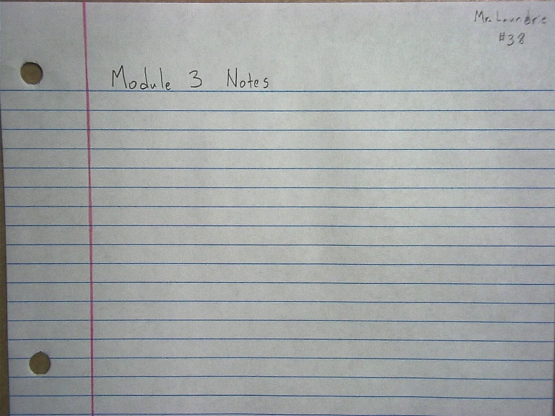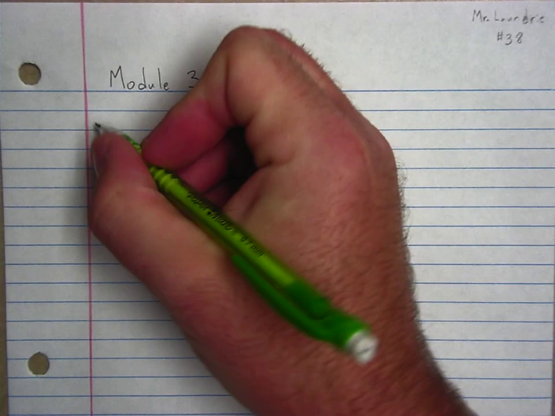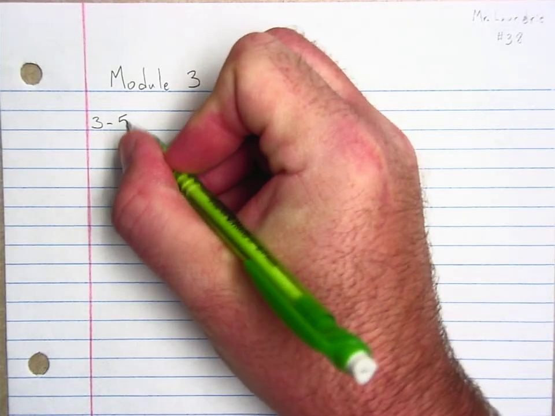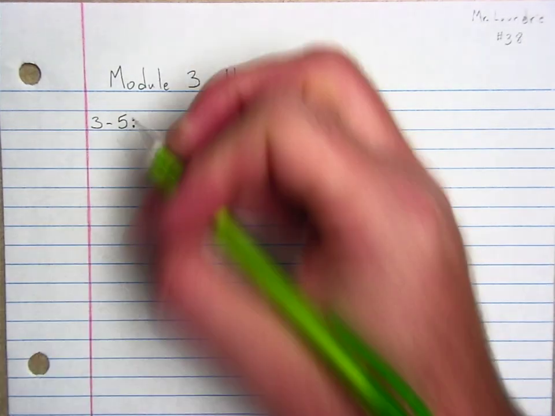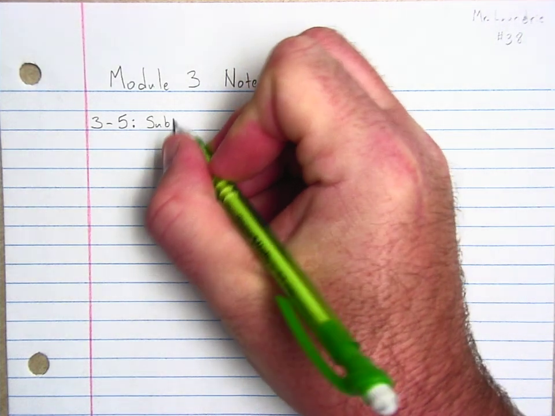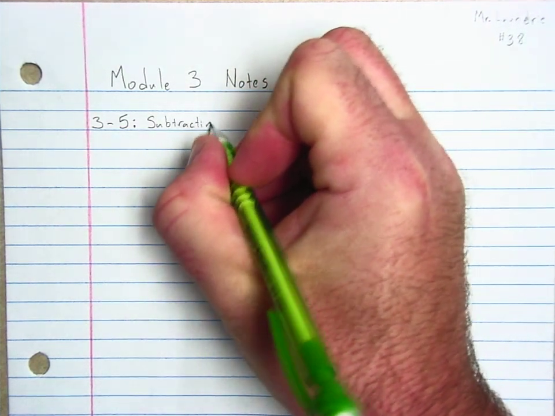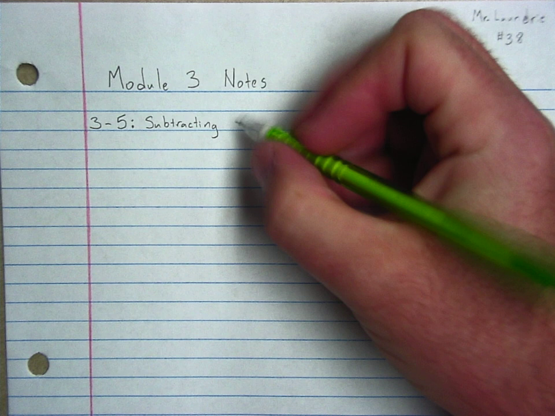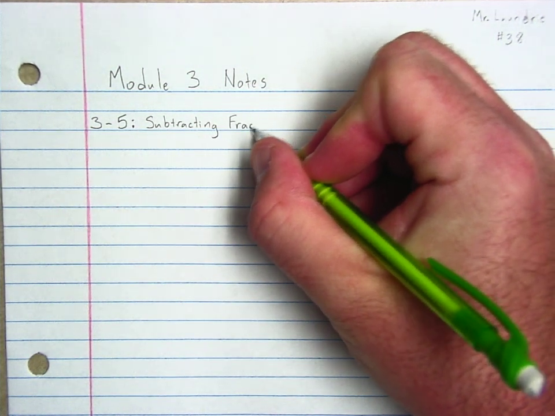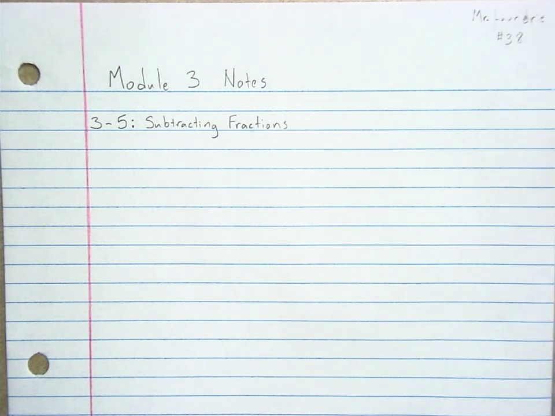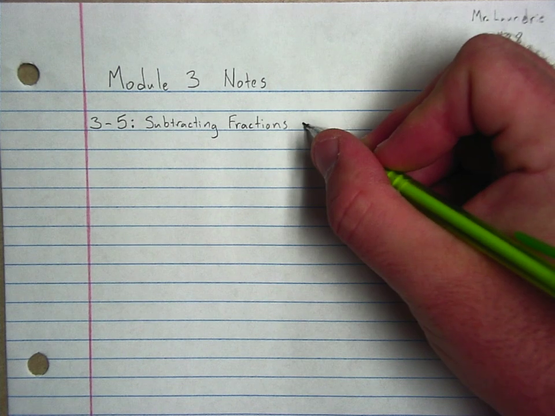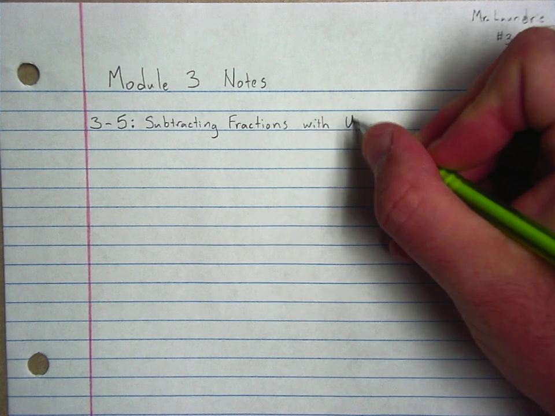In the last lesson, 3-4, we talked about how to add fractions with unlike denominators. Well, today for Module 3, Lesson 5, we're going to talk about subtracting fractions with unlike denominators. And really, it's the same thing.